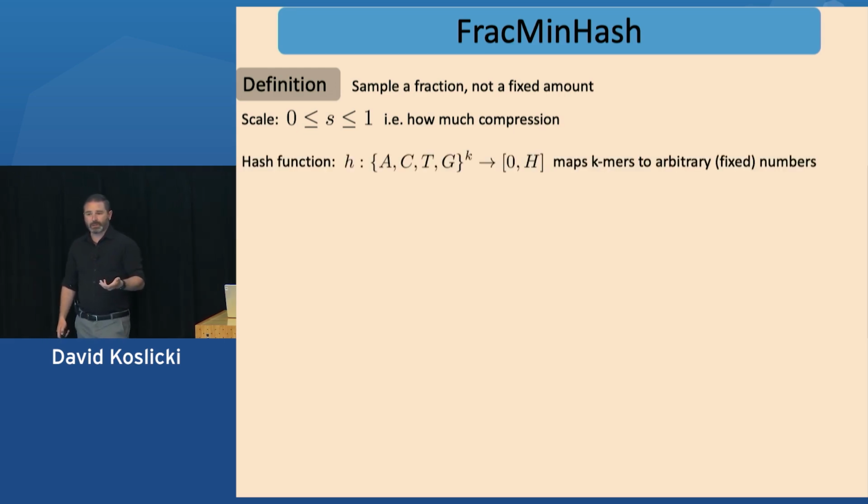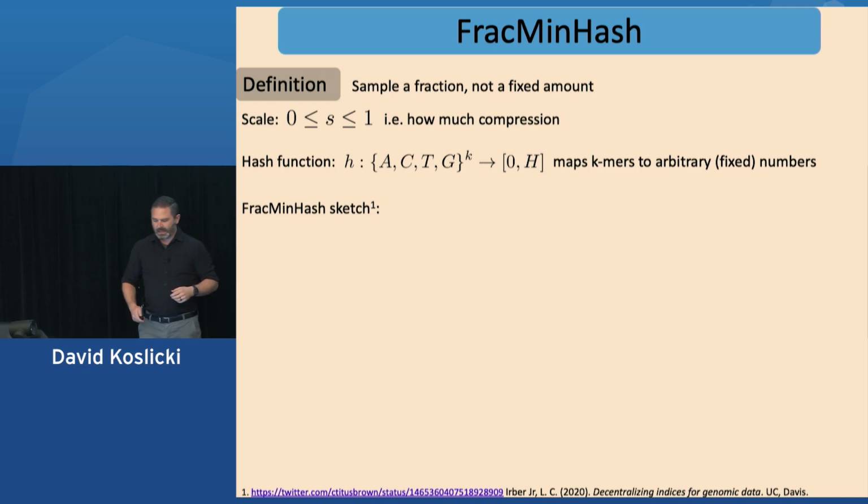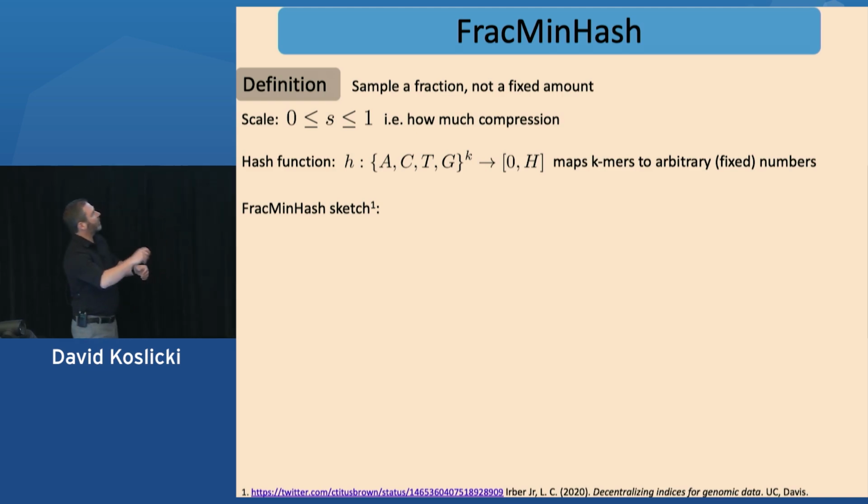Again, we have a hash function that maps our k-mers to numbers, and then a FracMinHash sketch. Really interestingly, a whole lot of people came up with this idea kind of simultaneously. These are called things like min-code syncmers and scaled MinHashes and FracMinHashes and everything. So we all got together on what was then called Twitter and sort of hashed out what we were going to call this thing.